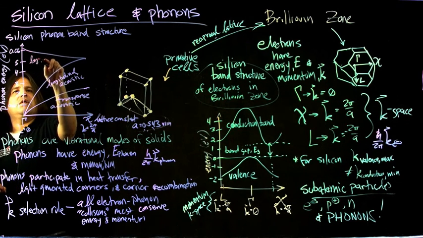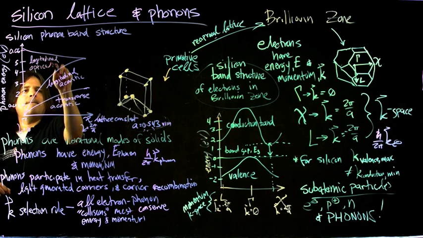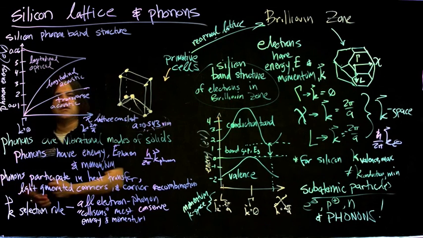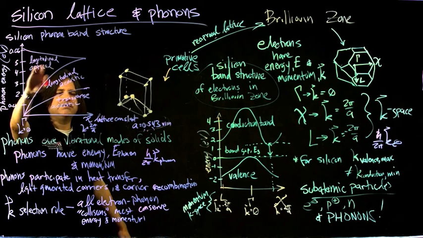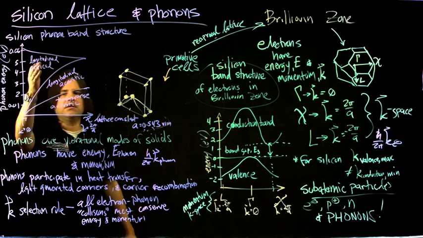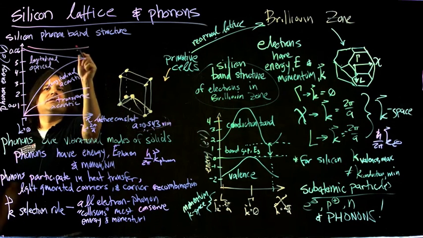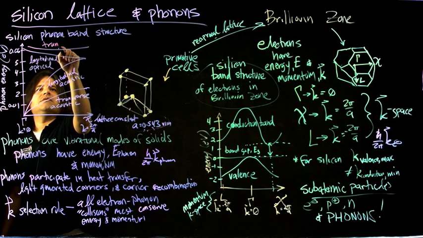So in terms of some vibrational mode, this is called optical because it behaves in some interactions with light. This is the relevant vibrational mode for that case. And then this would be the transverse.